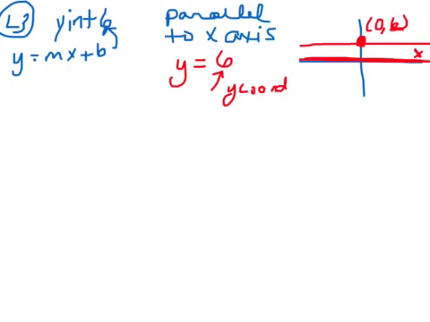And then you'll know, if y equals is a horizontal line, a vertical line must be the other one, x equals. If it's x equals, that means x is always the same, so you just take the x value off your point. But here y is always the same thing. So if my y value was 6 here, it's always going to be 6, and that's why we write the equation y = 6.